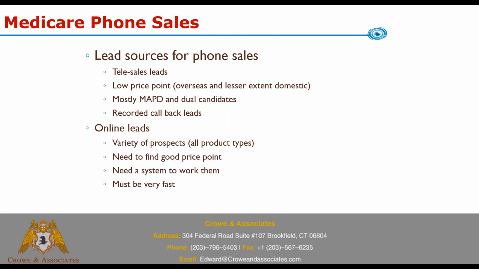The compliant way to handle that is when you call this person, because the way these leads work is they're callback leads. The vendor calls them, goes through a script, gets them to answer questions. If they answer yes to 5 questions, then they record that call, they send it to you, is a lead for you to call them back and try to close them either over the phone or set up an appointment.